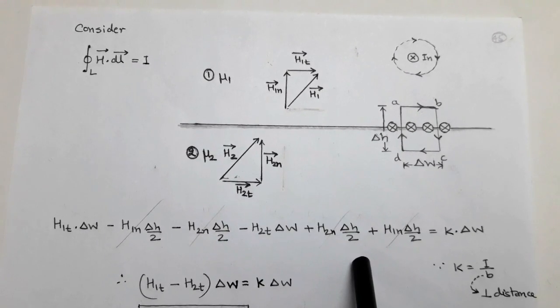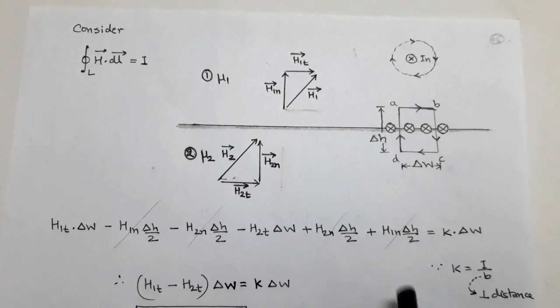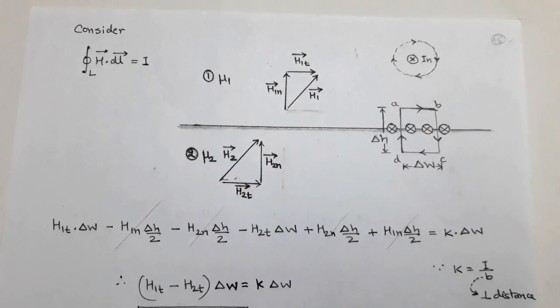So the direction is the same, the dot product is 1 and we get a magnitude of H1t into delta W.